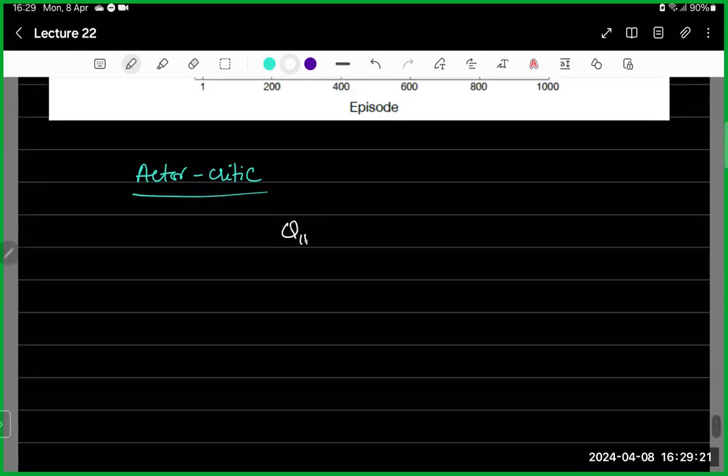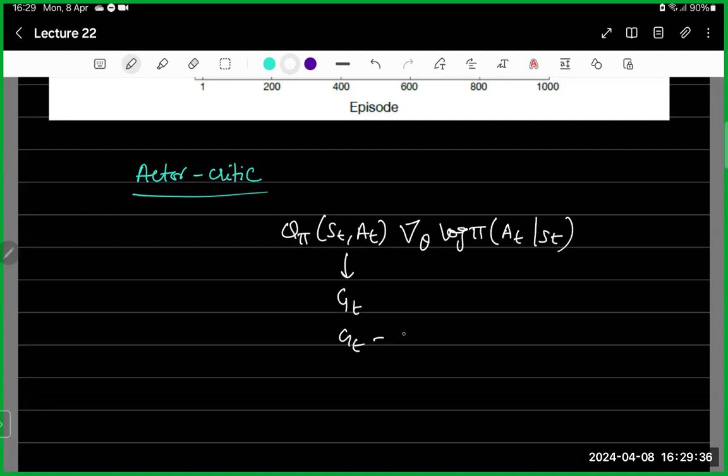Okay. So this actor-critic, what do we do? This is the gradient, right? We had this term in the gradient. In this term, when we use this as GT, we get reinforce. When we use GT minus V pi hat of s, w, we get the reinforce with baseline. Now what should we do instead of these two?